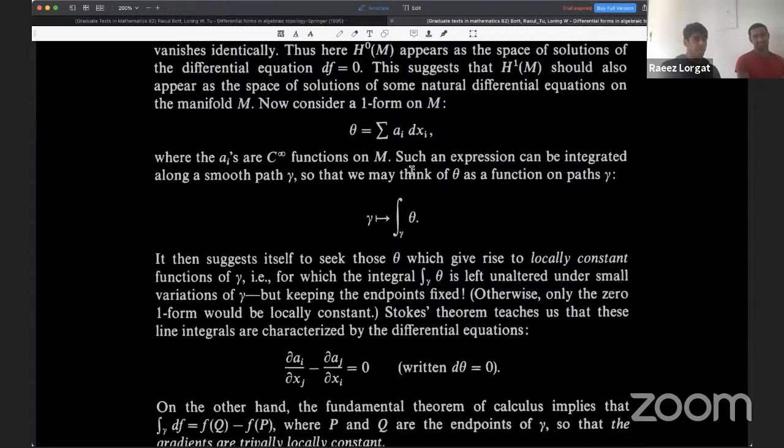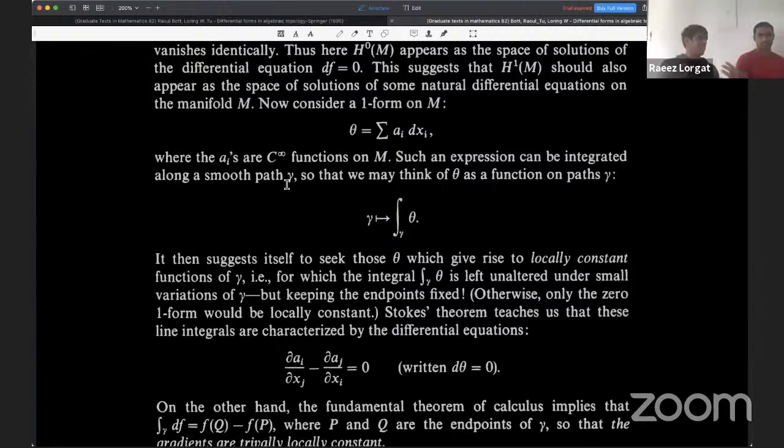So now this is where the integration really shows up. Any such one form can be integrated along a smooth path, which you should think of geometrically as being inside our space. This one form is really associating something like a small dual vector to every point, which is to say that to every tangent vector at that point, it's going to assign a number.